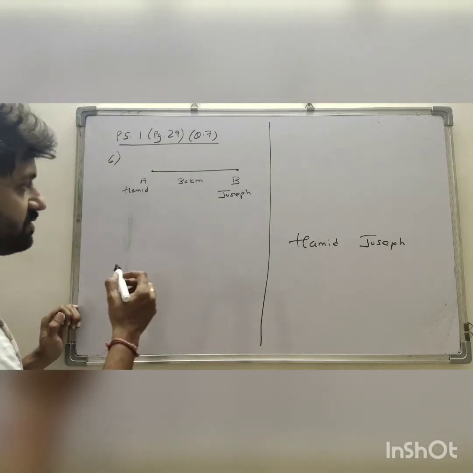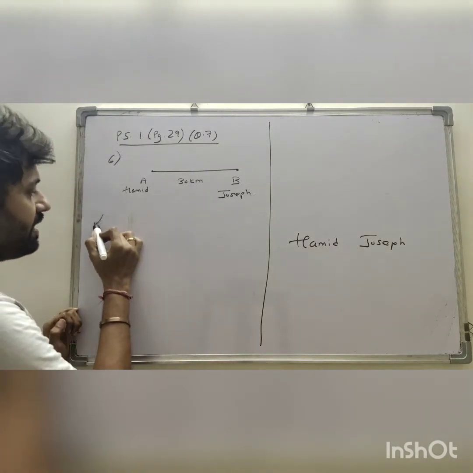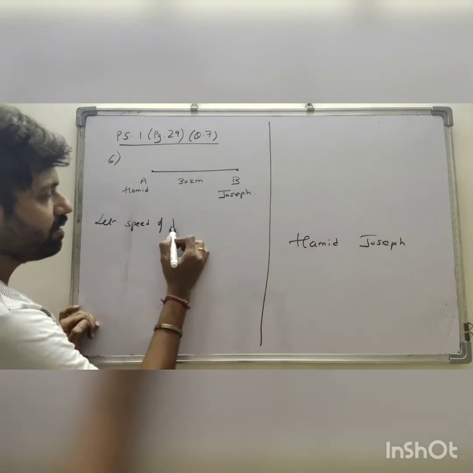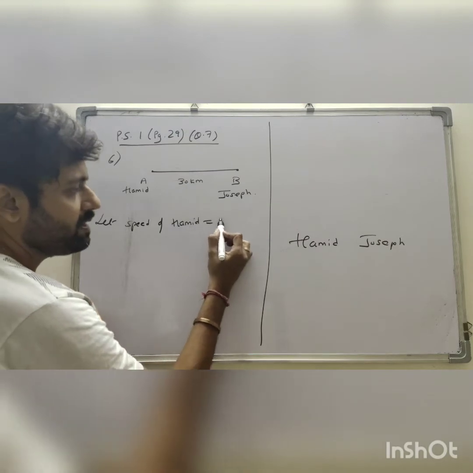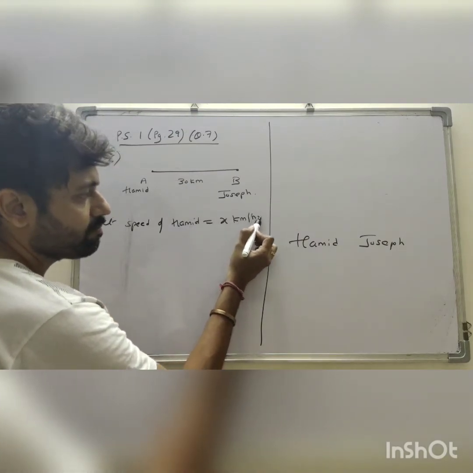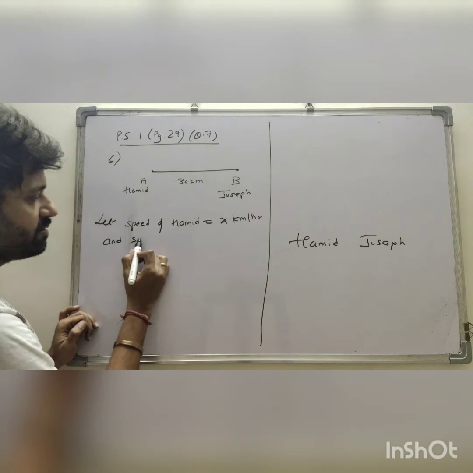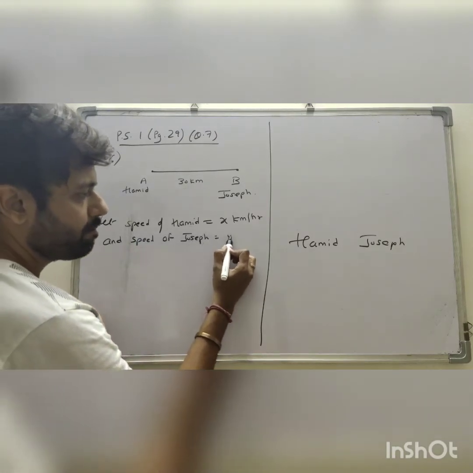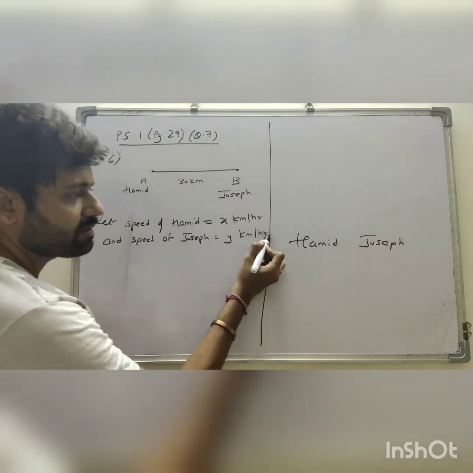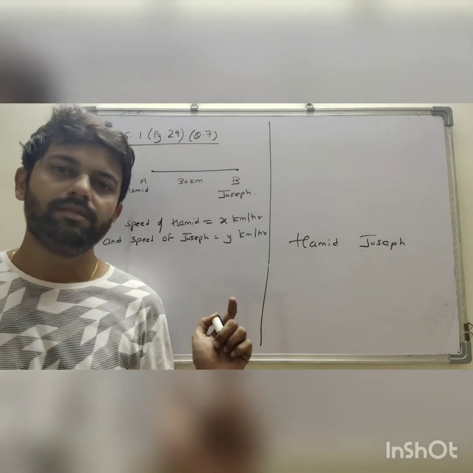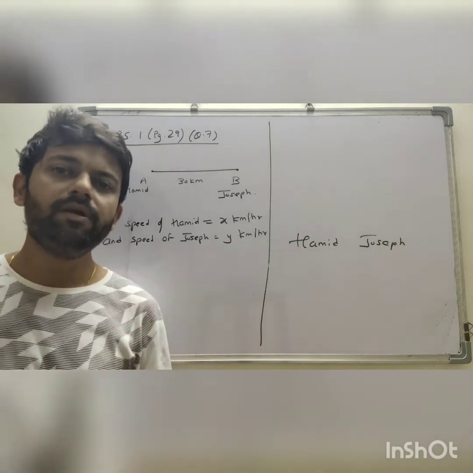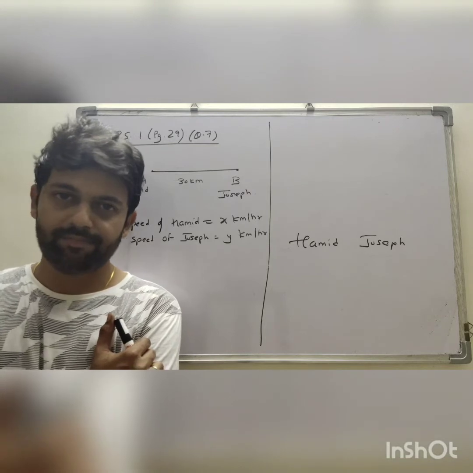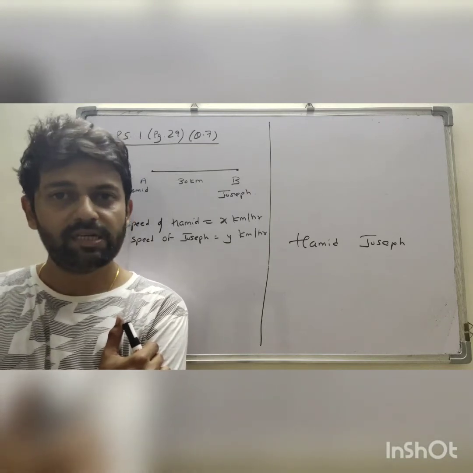So, our assumption will be, let speed of Hamid be x kilometers per hour and speed of Joseph be y kilometers per hour. The traveling speed of both the persons is not same. कोई fast है तो कोई slow है.